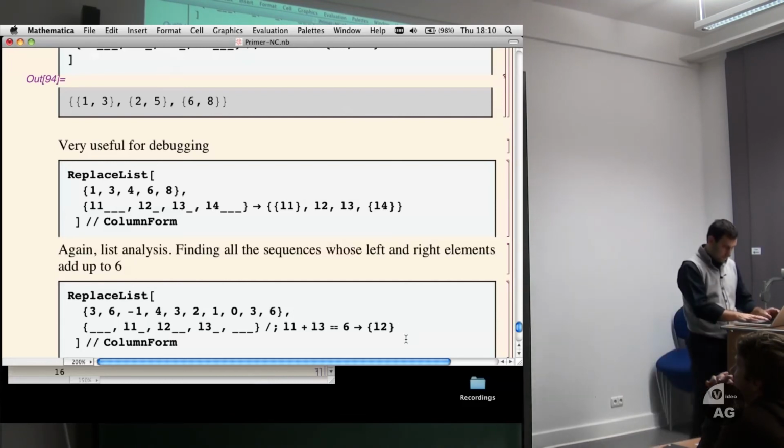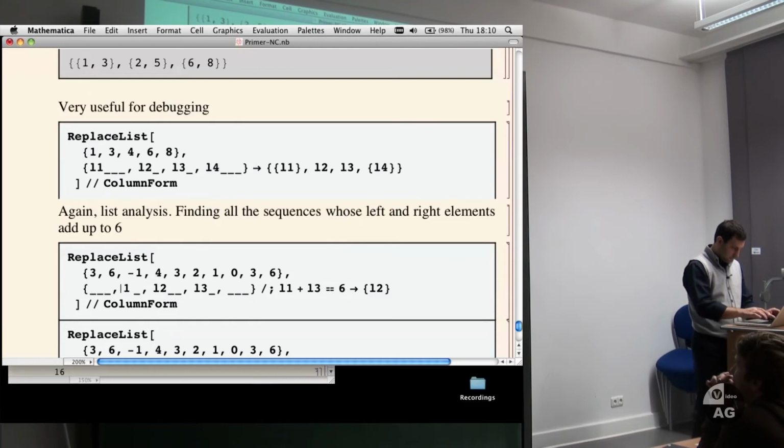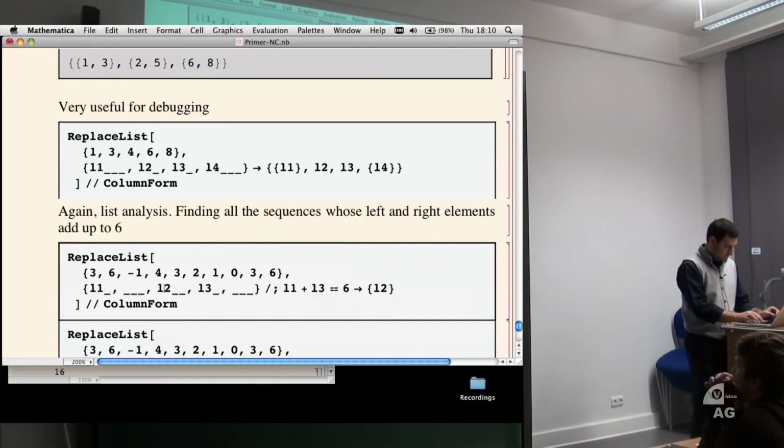It's completely different. Which is just to do L1, comma, 2 underscores, comma, L2. L1 underscore, comma, 3 underscores, comma, L2.